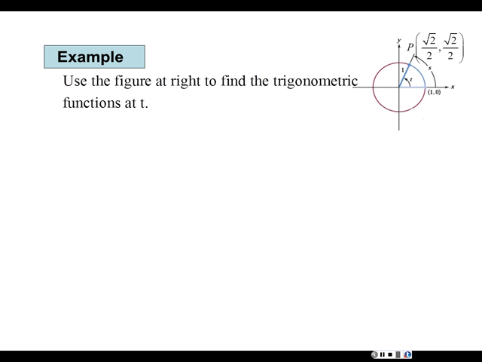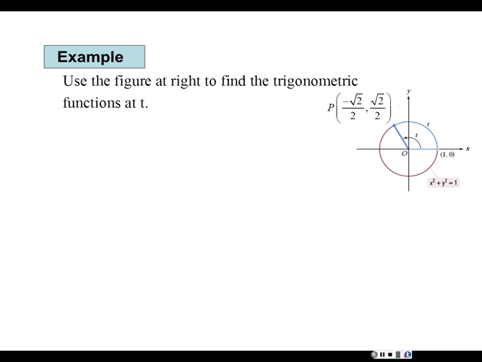What is P here? P is square root 2 over 2, square root 2 over 2. So you know the x and y. Once you know x and y, you can find all the 6 functions, right? And this happens only when t is 45 degrees. So whenever t is 45 degrees, that is going to be the ratio.